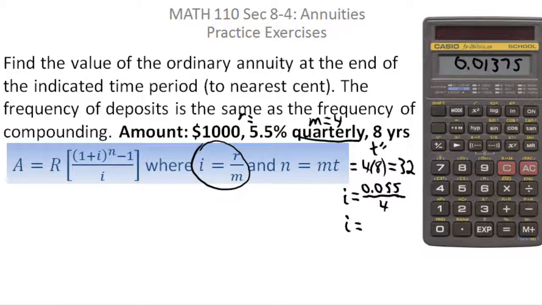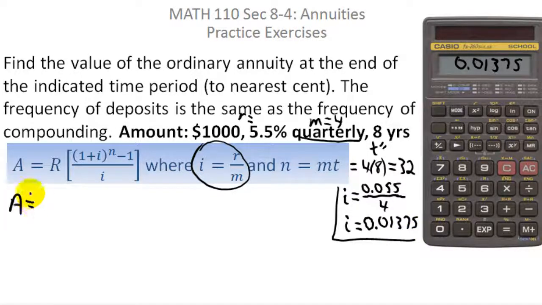You can keep these values in the calculator, but sometimes you need them more than once, and unless you want to store something in memory, it's not a bad idea to write these intermediate results down, even though they are in the calculator. Okay, so we're ready to go now.